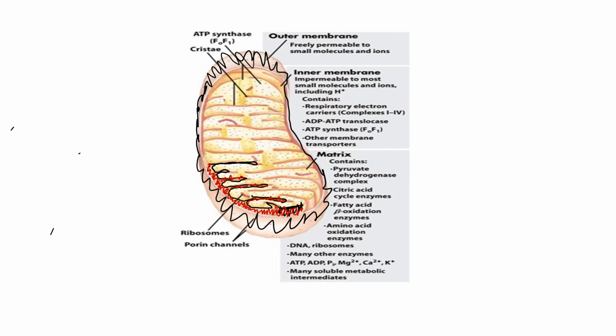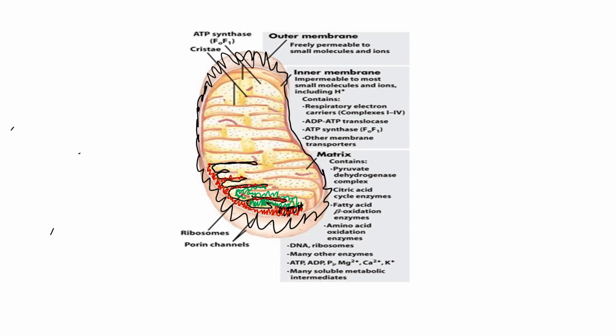Okay. Deep to the inner membrane, I'll do it in green, is what's called the matrix of the mitochondria. So you have to get past the inner membrane to be in the matrix.